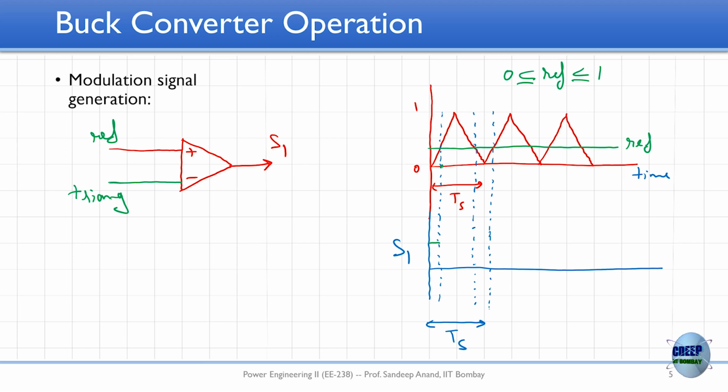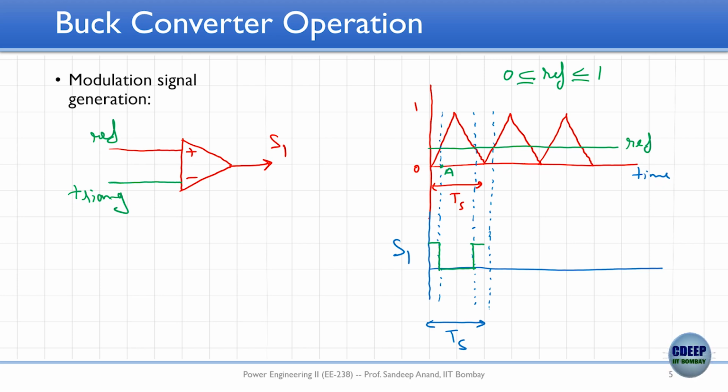At this instant, let's name it A. After A, your S1 would be low, and then again it will become high. I am only drawing for one Ts. Now you can imagine this signal keeps repeating. Okay? So far so good.